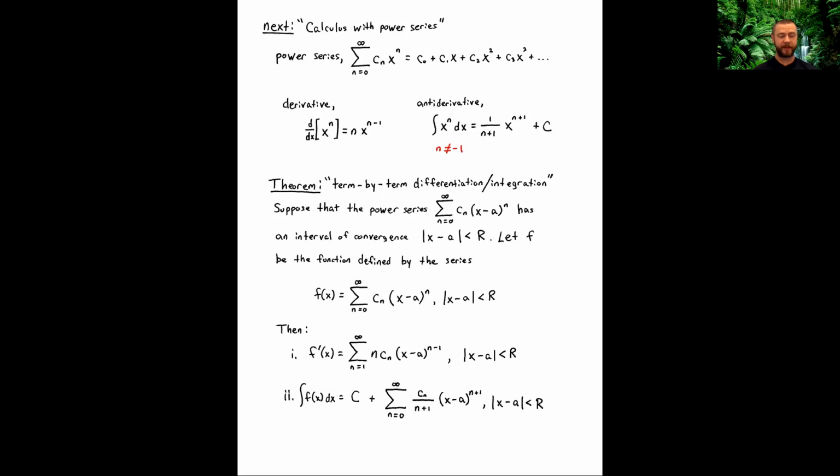Now, one thing I want to point out for that first result is notice our function f of x has the starting index in its power series as n equals 0. The derivative has the starting index at 1. That's not a mistake. Write out terms to convince yourself that that is correct.